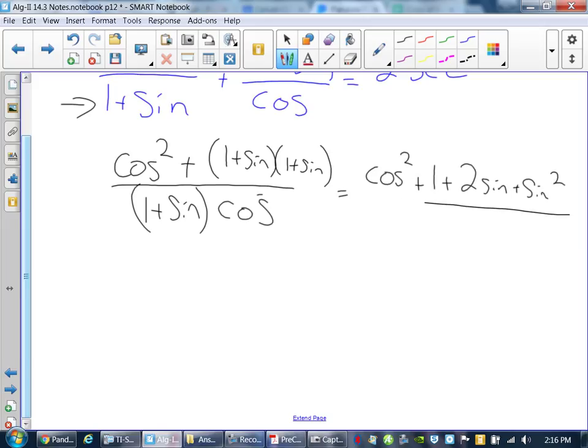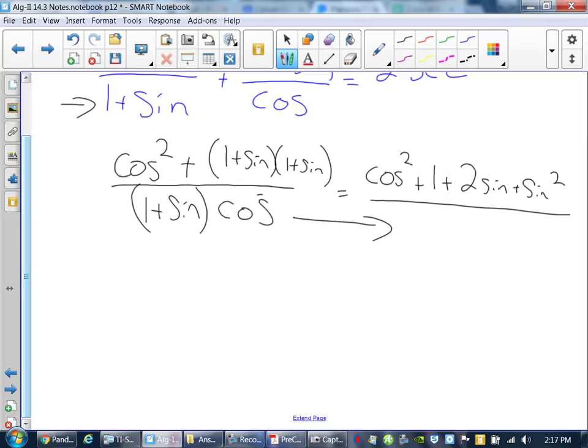Hey, both of those are squared. Cosine squared plus sine squared equals 1. So just by foiling that out, now I'm just not rewriting my denominator because I'm trying to save ink, budget cutbacks. In that numerator, there's a cosine squared plus 1 plus 2 sine plus sine squared.